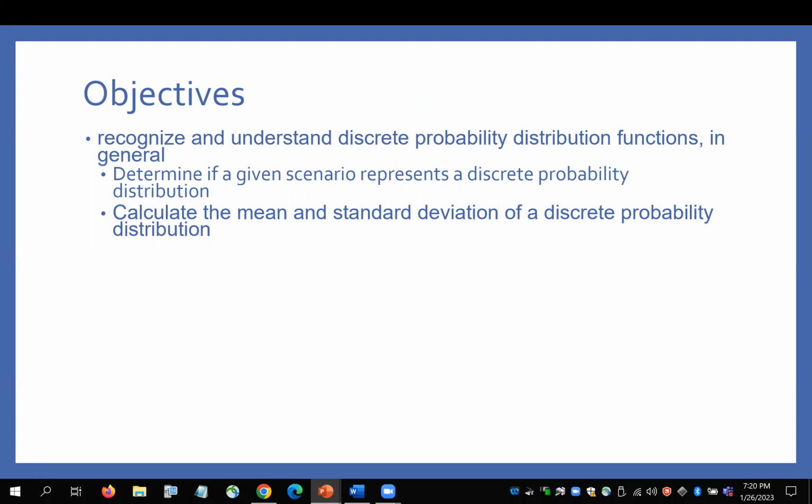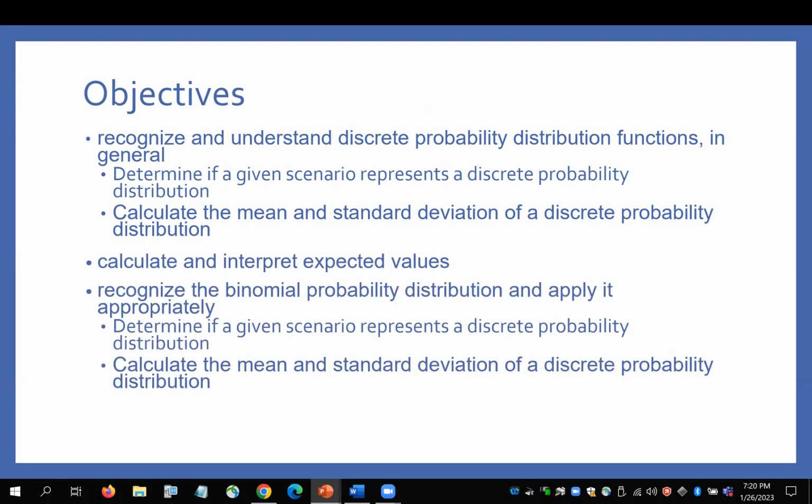You want to be able to determine if a given scenario represents a discrete probability distribution, and to calculate the mean and the standard deviation of that discrete probability distribution. You want to be able to calculate and interpret expected values. And then also we're going to do the same thing with a binomial probability distribution. I hope we can get through both tonight, but I don't know if we will.